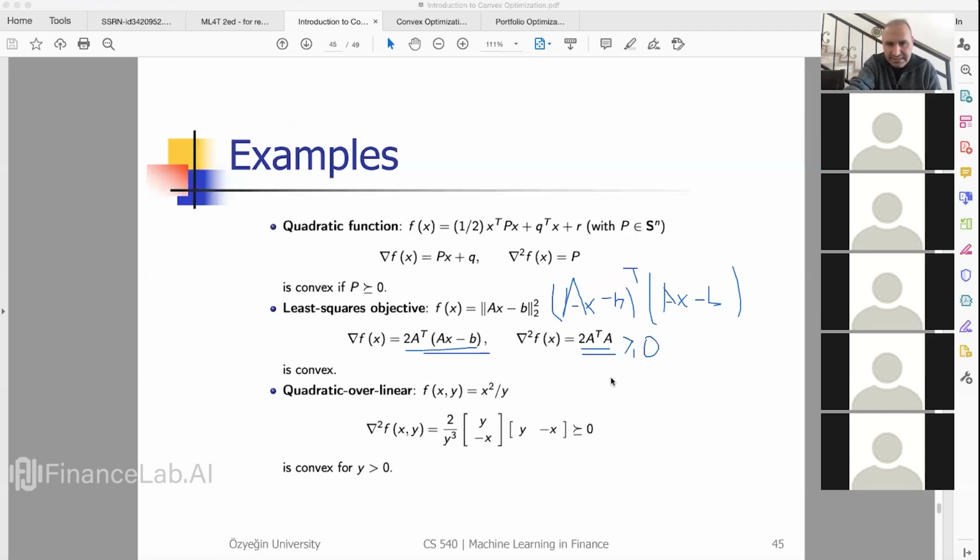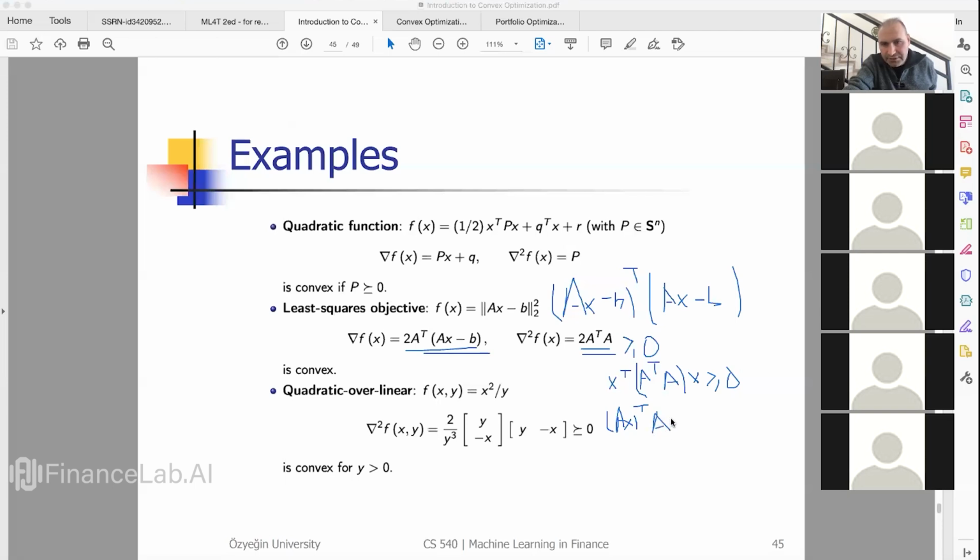Because in this case, the proof is, in order to show that it's positive semi-definite, we need to prove that for any vector x, x transpose times the matrix A transpose A times x should be greater than or equal to 0. This is also written as (Ax) transpose times (Ax).